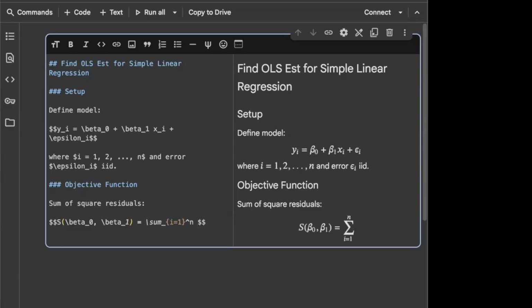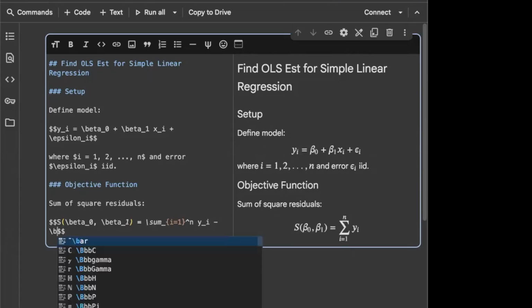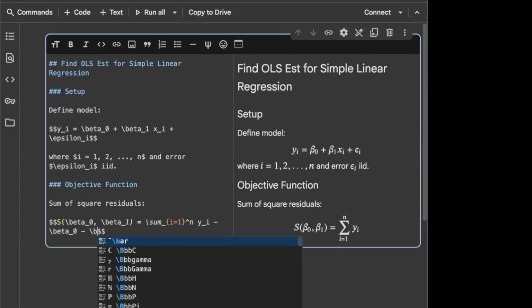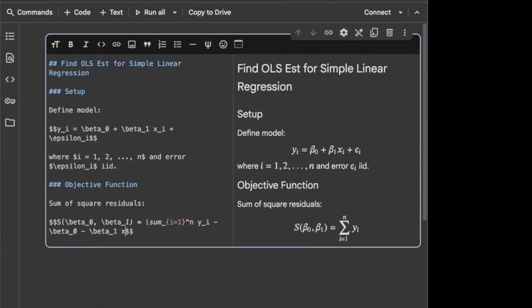Residual means error, so something like yi, the ground truth, subtract beta 0, subtract beta 1 times xi. Now we're talking about squared terms, so this needs to be squared. We can grab this term, put parentheses around it, and then put a square.